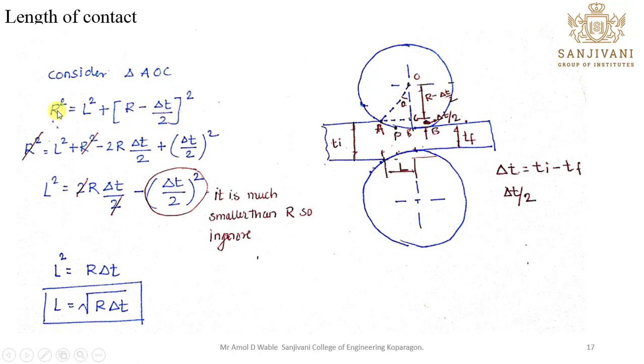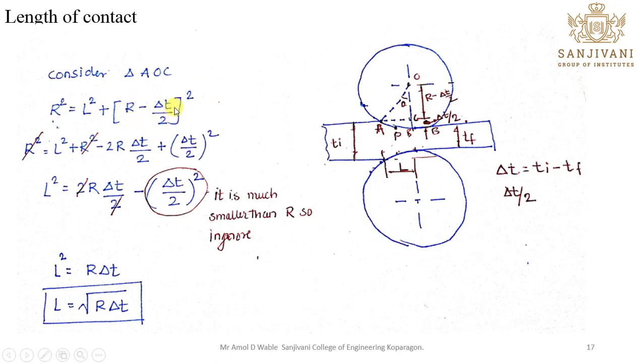This equation is hypotenuse square equals sum of side squares. So L is one side and this term is another side. If you solve it further, you can write this as L square plus (R minus delta T by 2) square, where L square remains the same, and this is the (A minus B) whole square term.